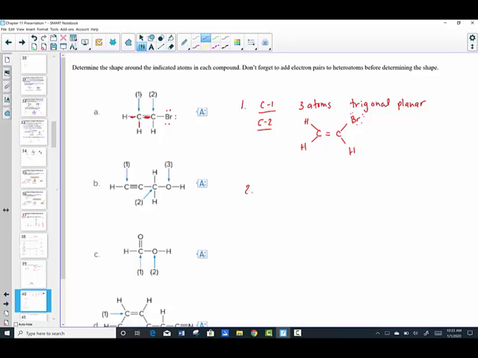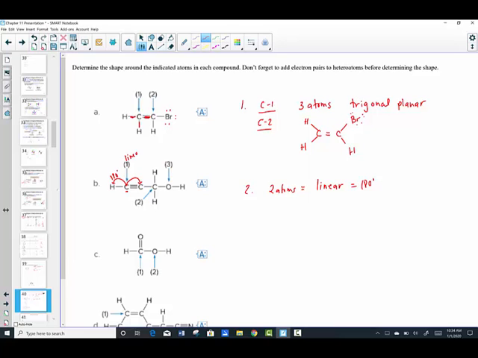Let's look at letter B. The first of our carbons is attached to 2 other atoms. So 2 atoms gives us a linear molecular geometry. Bond angle there is 180 degrees. So between carbon 1 and 2 and between the carbon and hydrogen are all 180 degrees.